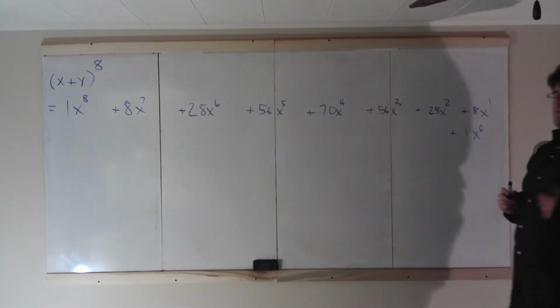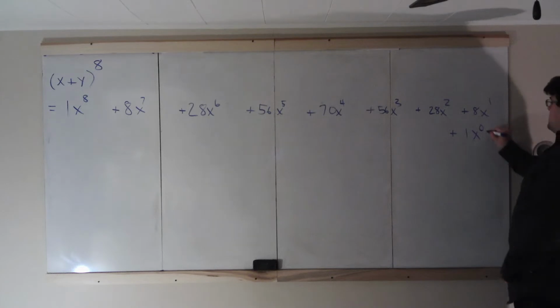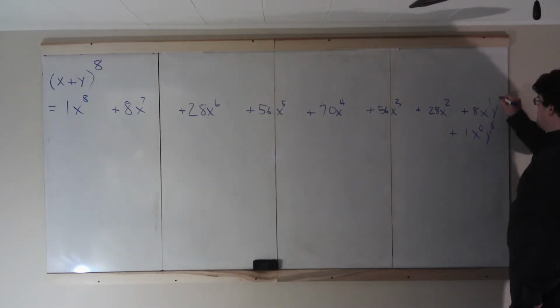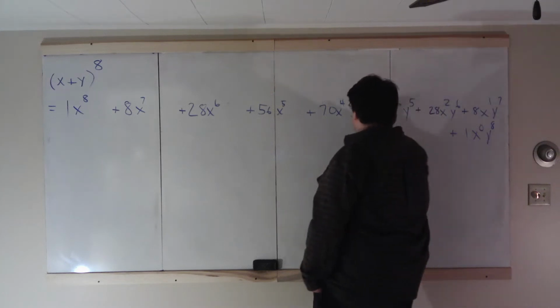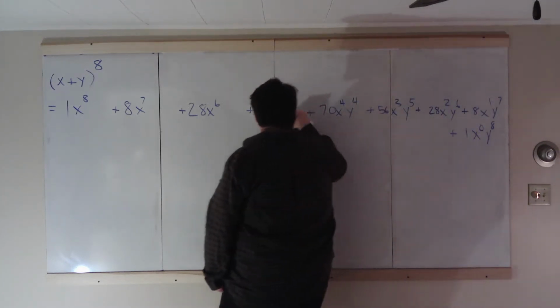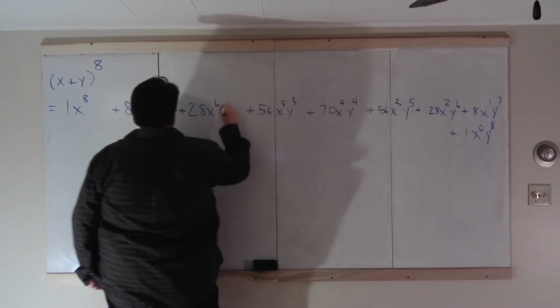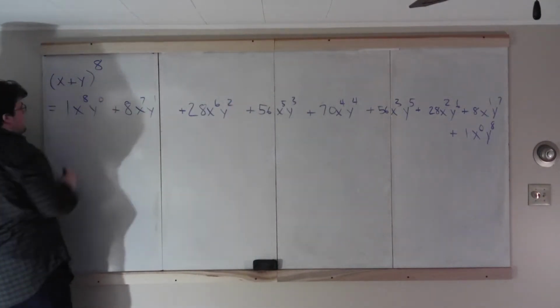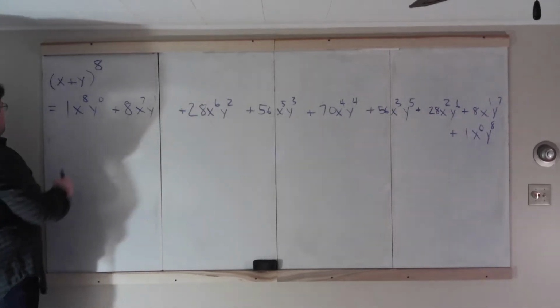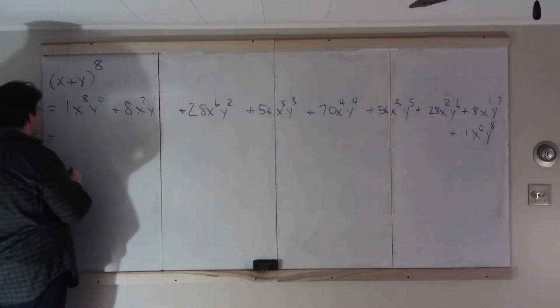And then the same thing with y's in that direction: 8 y's, 7 y's, 6 y's, 5 y's, 4 y's, 3 y's, 2 y's, 1 y, and 0 y's. And then we'll just simplify this so that the 1's aren't there.